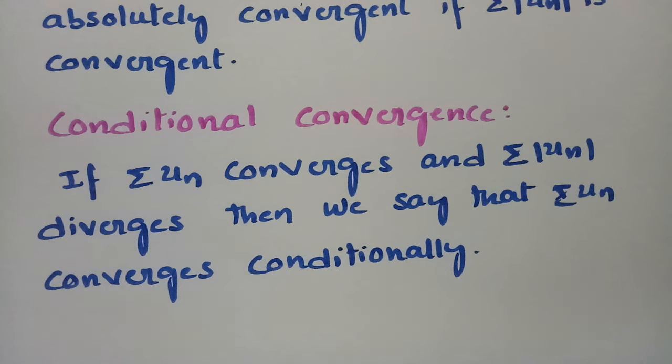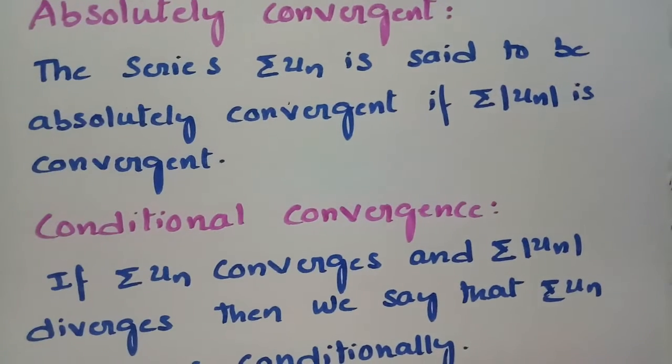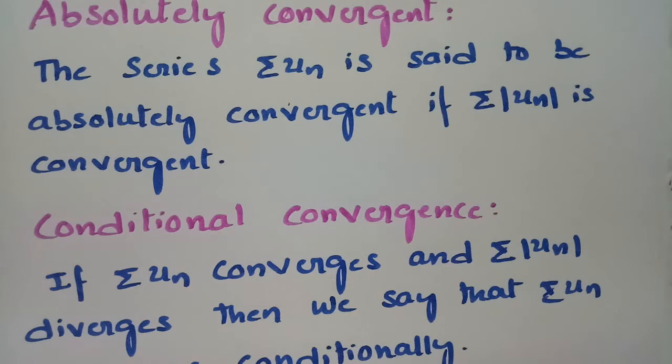So these are all the tests, and if you go through this video one or two times, you will get a clear idea of which test to apply on which problem. Hope you got clarity. First of all, if un is very plain in terms of n, then we take the comparison test and auxiliary test.